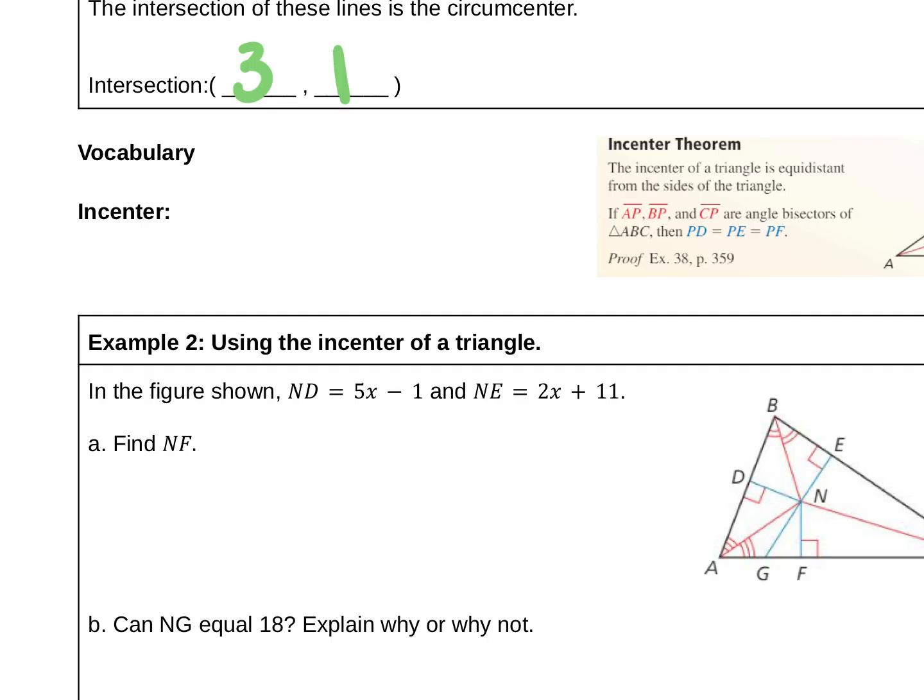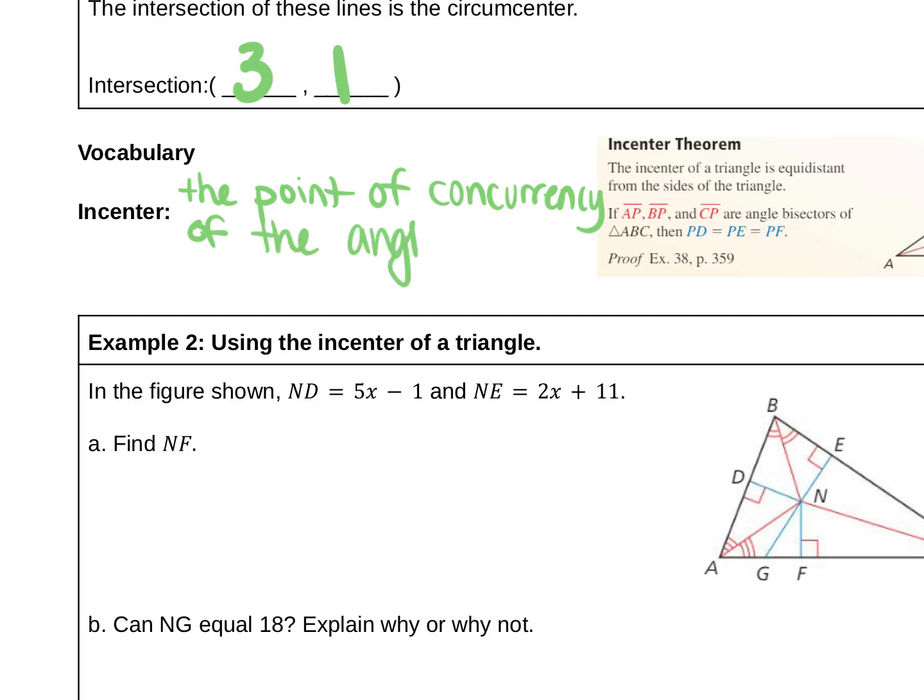So the incenter is the point of concurrency of the angle bisectors of a triangle.